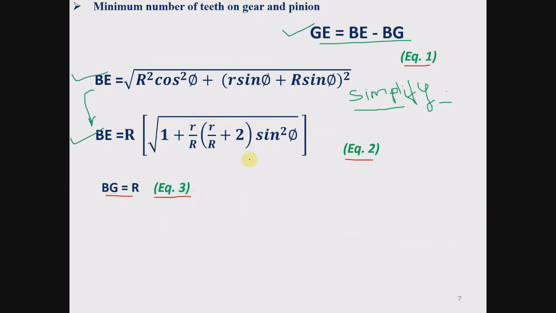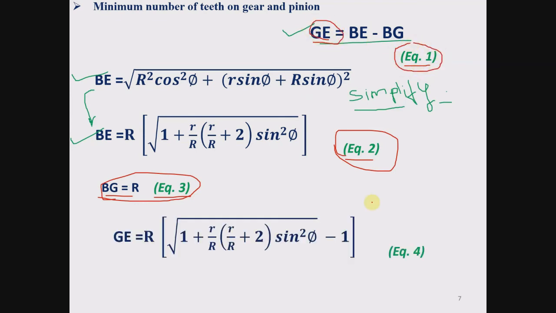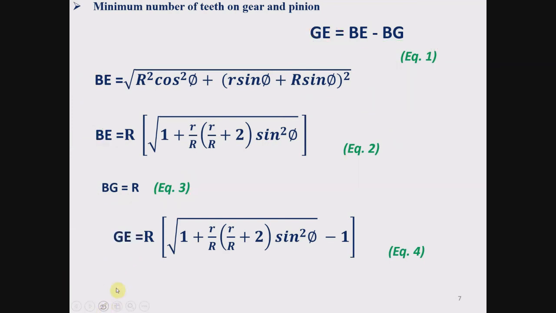Now what should be the next step? We will substitute equation number 2 and equation number 3 in equation number 1 so that we get the value of GE. So let us do that. Substitute BE and BG in equation number 1. Okay. So what we will get? This equation GE equals to R under root of 1 plus r upon R minus 1.